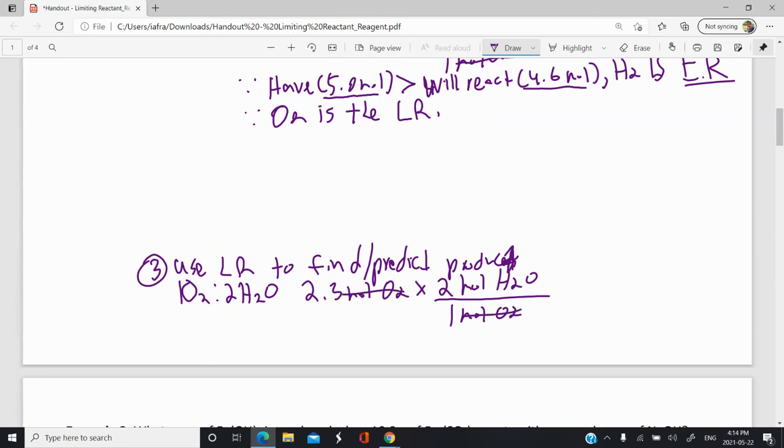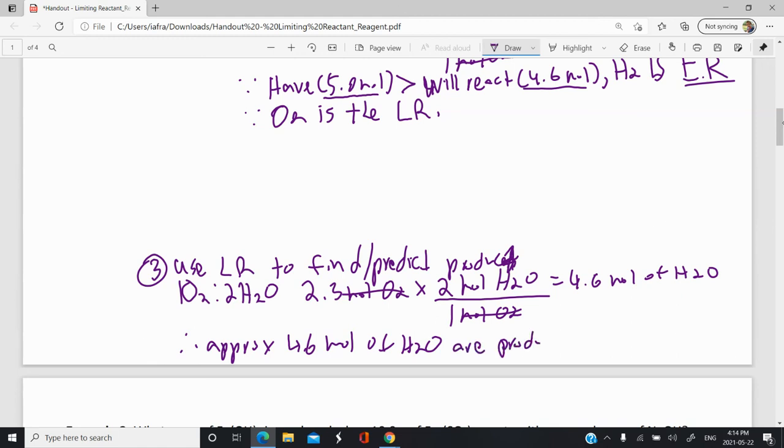Cross out the moles of O2, and you get 4.6 moles of H2O. And then you can do your therefore statement. So therefore, approximately 4.6 moles of H2O are produced.